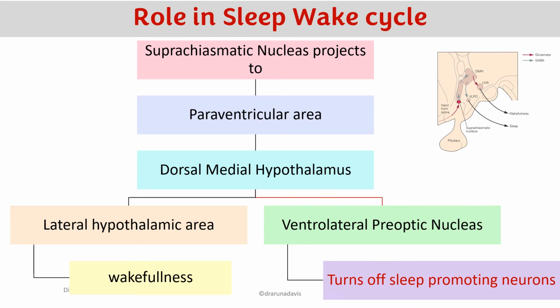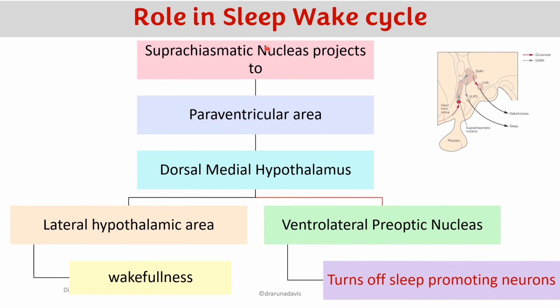So the suprachiasmatic nucleus projects through the paraventricular area to the dorsomedial hypothalamus, right? This dorsomedial hypothalamus has control over two different areas: the lateral hypothalamic area, which promotes wakefulness, and the ventrolateral preoptic nucleus, which contains the sleep-promoting neurons.